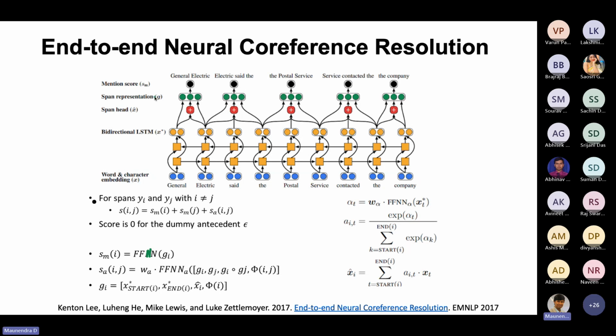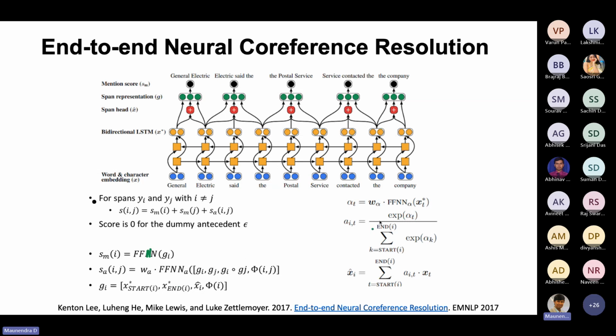So the representation of the span is given by this: x star start i, x star end i. There can be some spans which have, say, multiple words, right? So you get the representation for the first token of the span and the last token of the span.